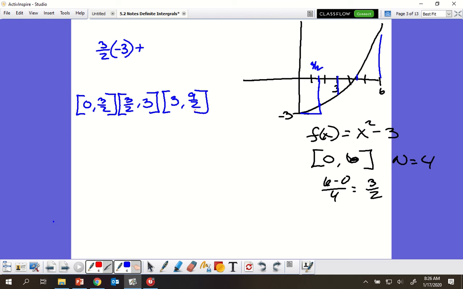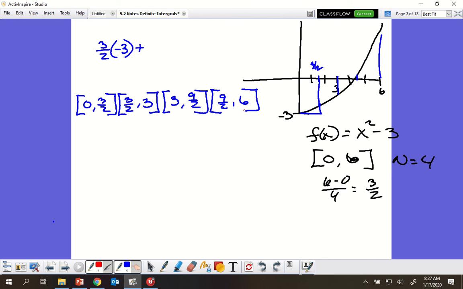And my last one is going to be 9 over 2 to 6. Okay? So I'm just listing out the intervals because I know I'm going to have a left-hand alignment every time.